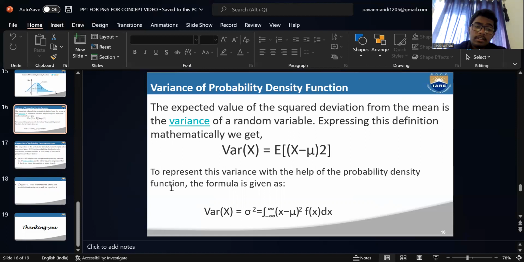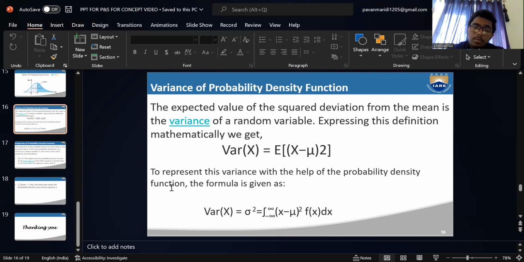To represent this variance with the help of the probability density function, the formula is given by variance of x is equal to sigma square is equal to the integral from minus infinity to infinity of (x minus mu) whole square times f of x dx.